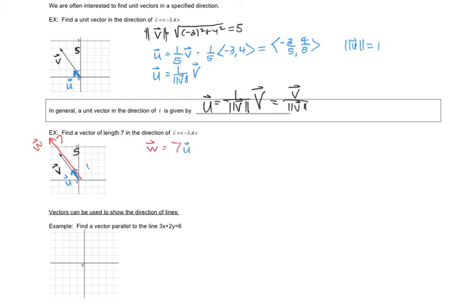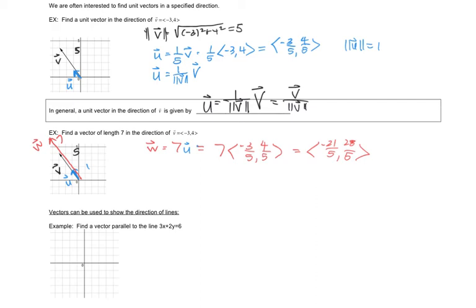The length of u is 1, so 7u would have length 7. So that's going to be 7 times the vector we previously found. So negative 21 over 5, 28 over 5. So that's how we can sometimes use the unit vectors as building blocks.